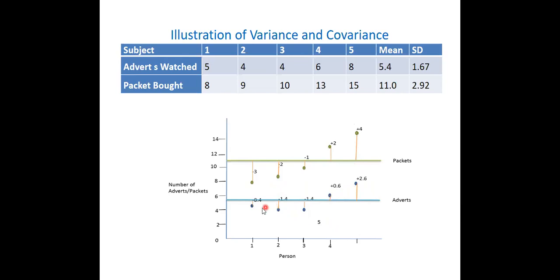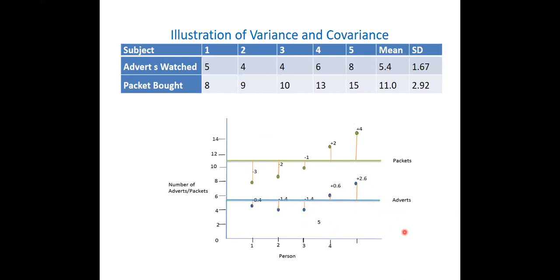So as this one is facing down, the other one will be facing opposite, and where this one faces up, this one will face down. So you know that if they covary negatively, it is like this. But if there's no covariance, you cannot see any pattern. As this one is down, this one can be down or up. You cannot see any pattern, which shows they don't covary.